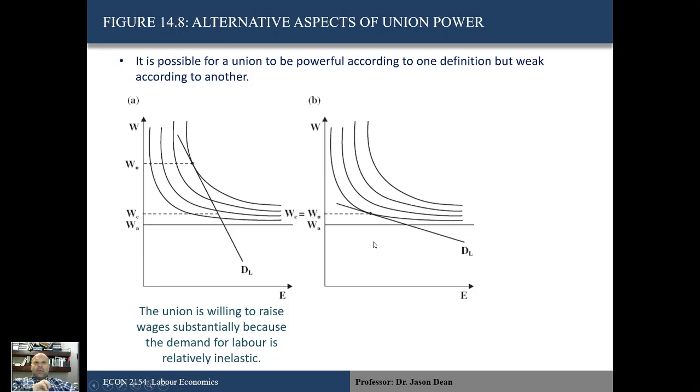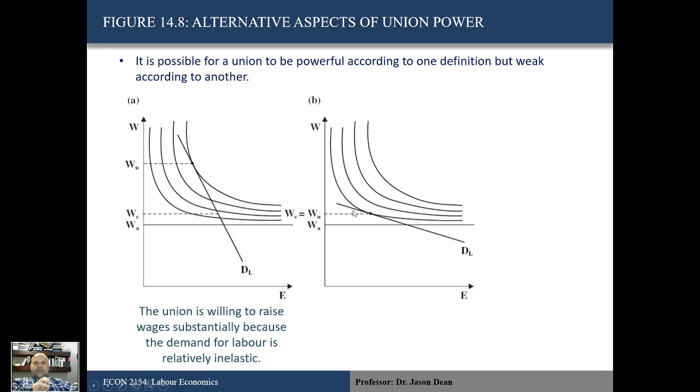In the second diagram, we have an elastic demand curve. In this case, the consequences in terms of employment are very high when the wage is higher. So when you have an elastic demand for labor curve, any increase in the wage will result in a much larger reduction in employment compared to this demand curve.